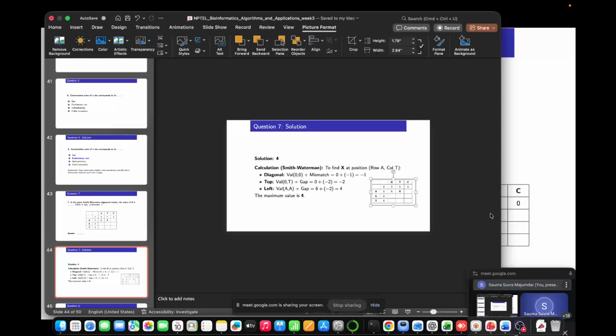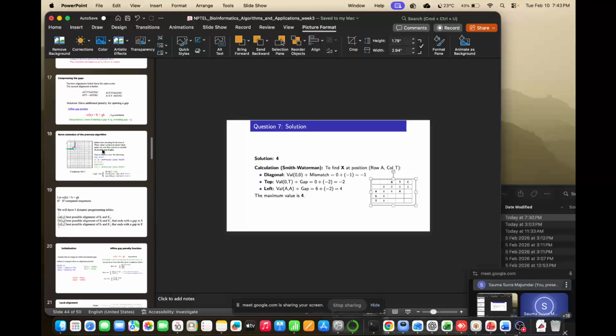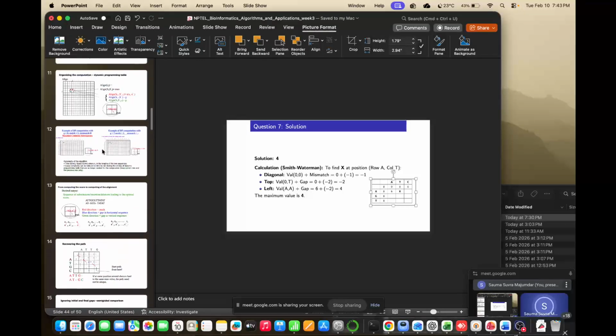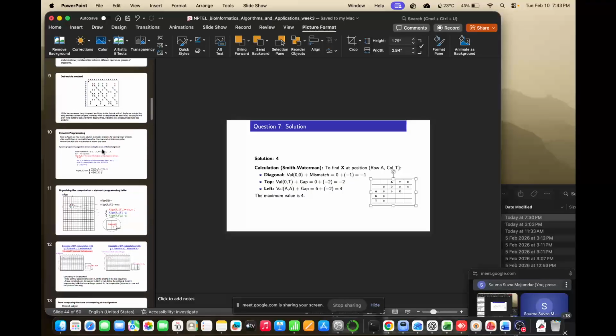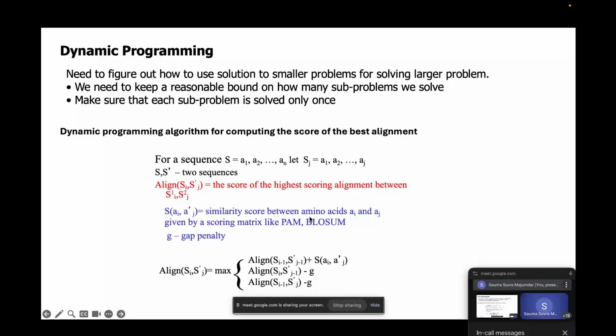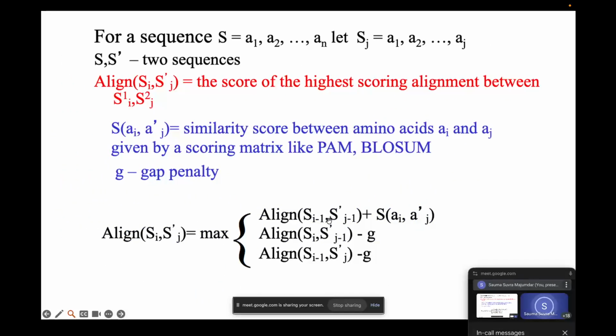I'll just quickly go back to the slide where I discussed this. I think that will make it a little bit more clear. Remember this slide. When you are moving, i minus 1 and j minus 1 will be the previous diagonal element, agreed? When you are doing that, you are adding a score of match or mismatch, right?